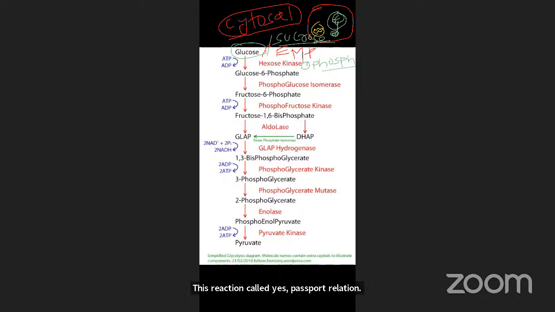What happens in phosphorylation? Glucose, the substrate, with the help of hexokinase enzyme. ATP, adenosine triphosphate, loses one phosphate, and this phosphate is received by glucose.